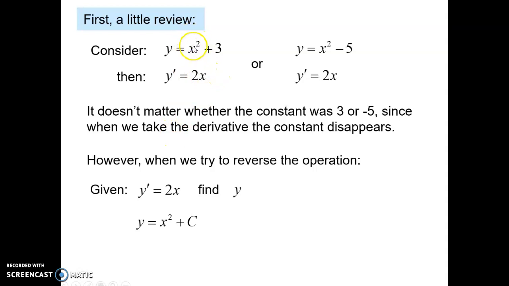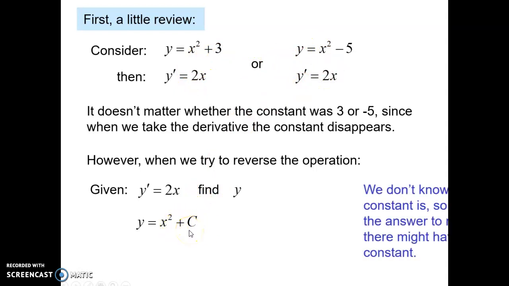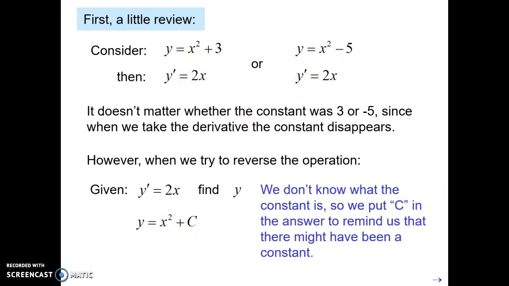We know that the derivative of x squared is equal to 2x, but each of these functions could have possibly had a constant. We don't know what that constant is, so we just put in c in this answer to remind us that there might have been a constant attached to the function that gave us the derivative 2x.